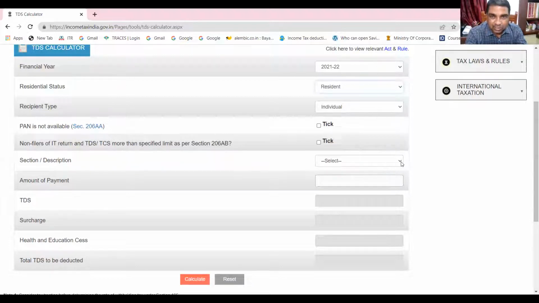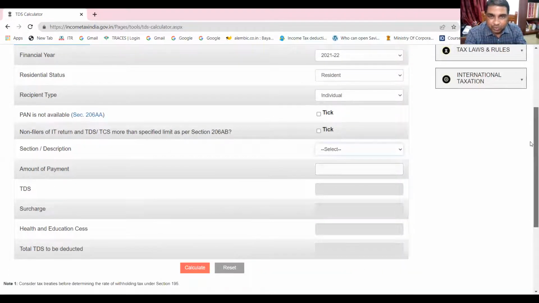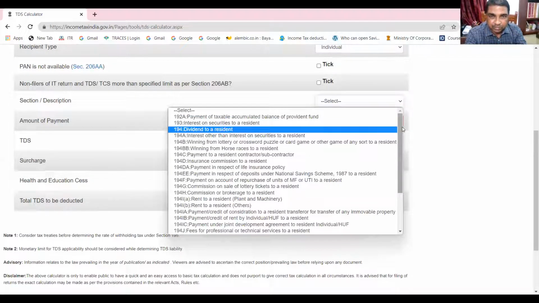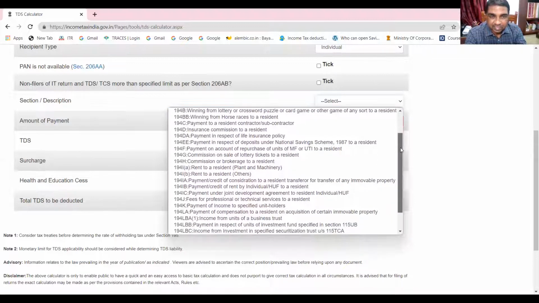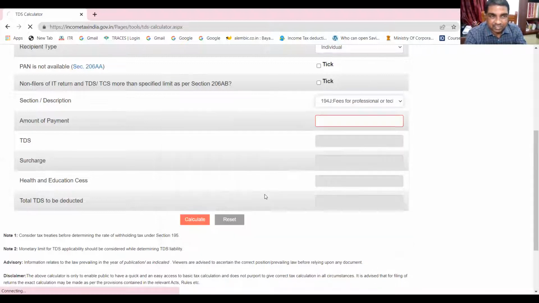Now here you have to select the description. You see, these are the payments on which tax is to be deducted. Okay, you can select anything. So let us say I'm selecting 194J.